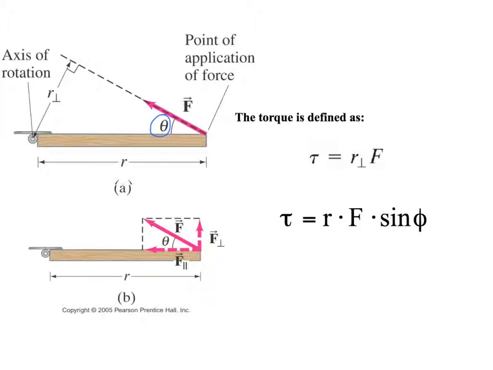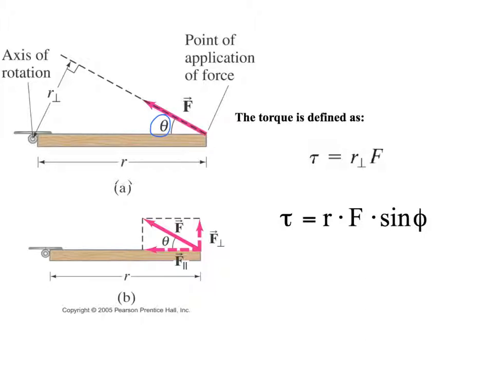Well, that's known as a dot product. Torque is actually known as a cross product. So in this case, you want the force to actually be at a 90-degree angle from the radial arm. You don't want any part of your force to be in the same line as the radial arm.